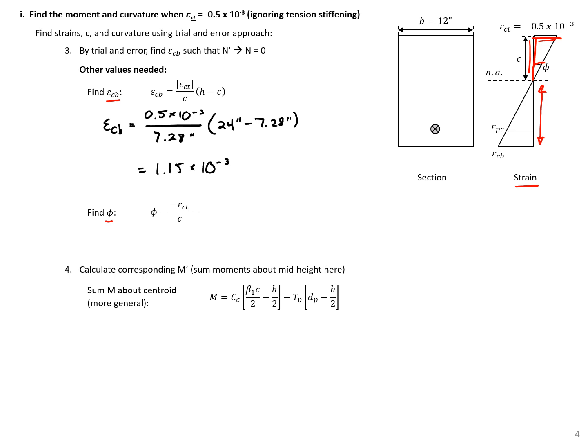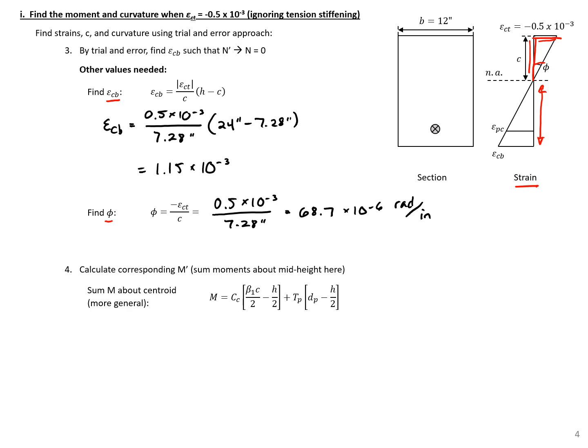Our curvature is going to be equal to 0.5 times 10 to the negative third divided by our C, 7.28, which will give us a curvature here of 68.7 times 10 to the negative 6 radians per inch.